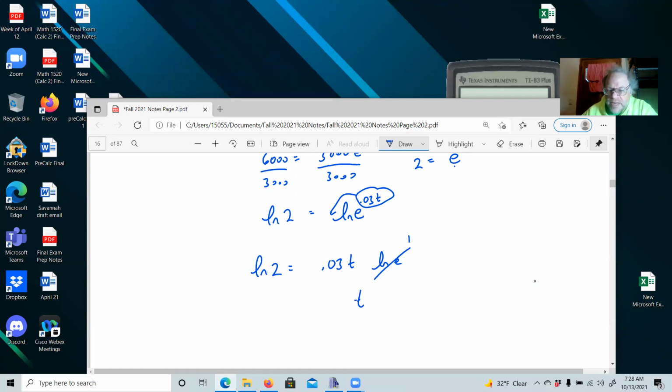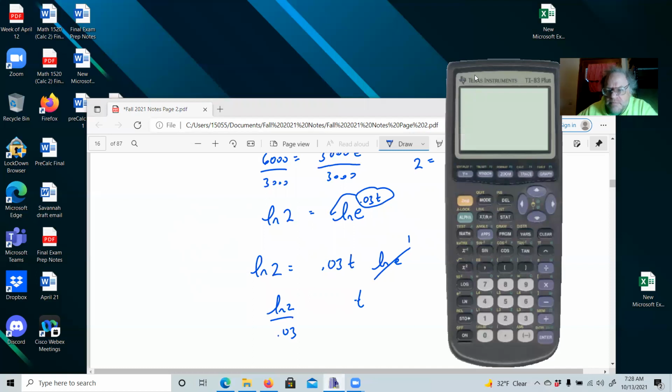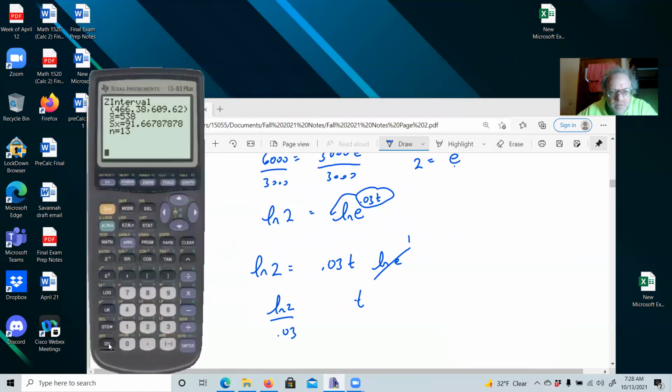So T is equal to ln of 2 over 0.03. Let's see here. We have the natural log of 2 divided by 0.03. About 23 years.